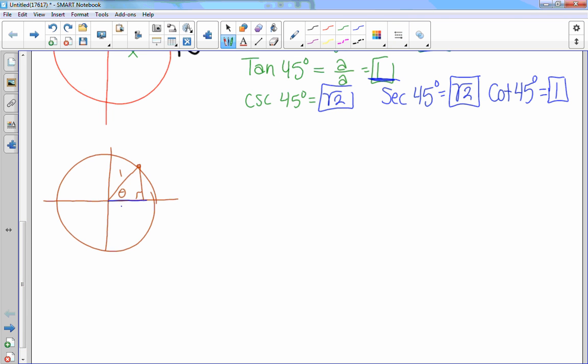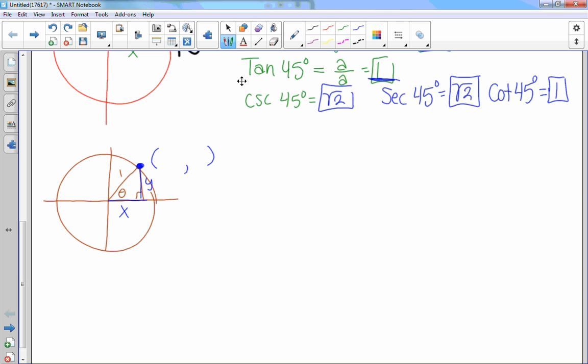Because this is length x, which we know is less than 1, because our units involve the radius of 1. And we know this height, length y, is also less than 1. But this point has coordinates. So what we have been finding are the coordinates of those points.